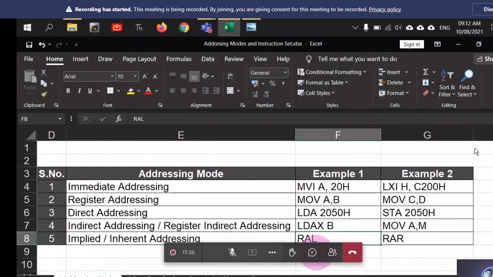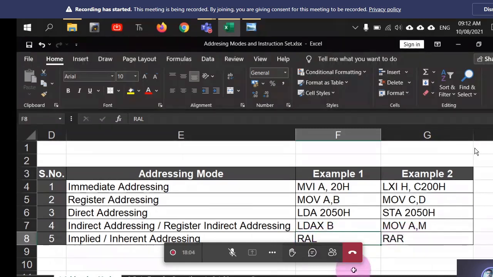Bit number 7 will pop out and go into the carry flag. The carry flag's content will be emptied and placed at the position of bit number 0. So there will be a rotation of the binary content of the register through the carry flag in the left direction. That is the purpose of the RAL command. And similarly for the right direction, you have the RAR command.